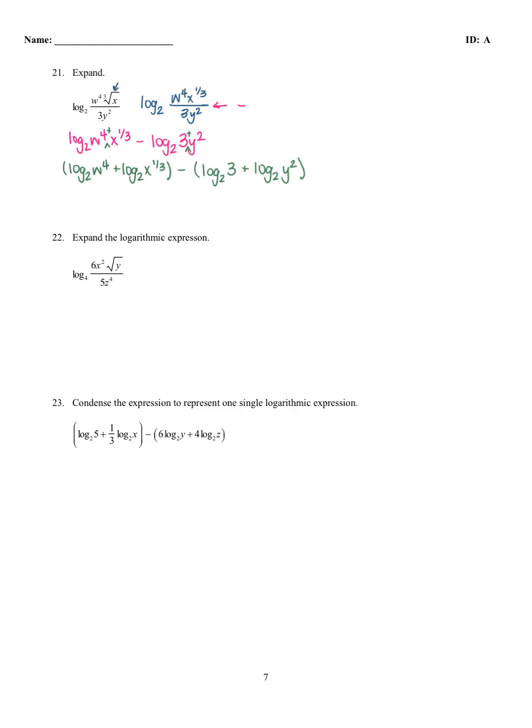From here, you need to make your powers coefficients. So the 4, the 1/3, the 2 are all going to be moved to be in the front of that log expression. So you're going to have 4 times log 2 of w plus 1/3 times log 2 of x minus log 2 of 3 plus 2 times log 2 of y.